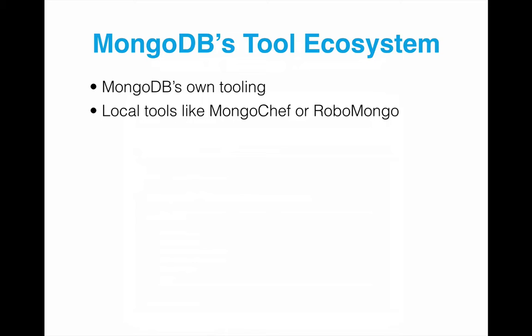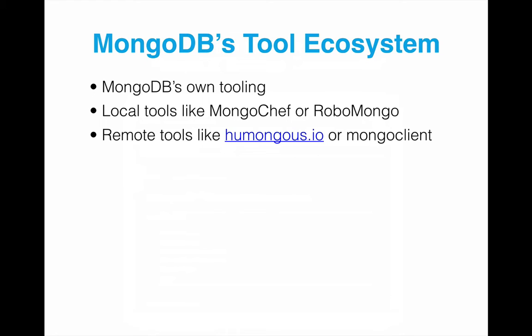And then next we've got quite a few tools that you can run locally on a workstation to connect to MongoDB remotely. There's a lot out there, but two examples that I'm going to speak of are Mongostat and RoboMongo. But like I said, there's a lot of others out there. So you can head on over to your search engine of choice, and there's plenty to work with when you're looking for MongoDB user interfaces that you can download to your workstation.